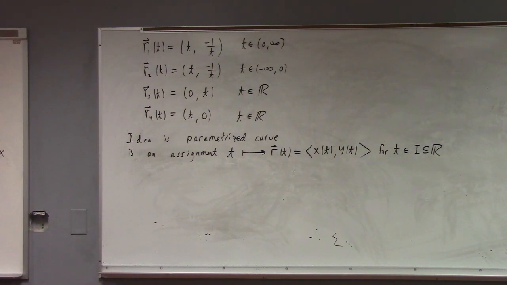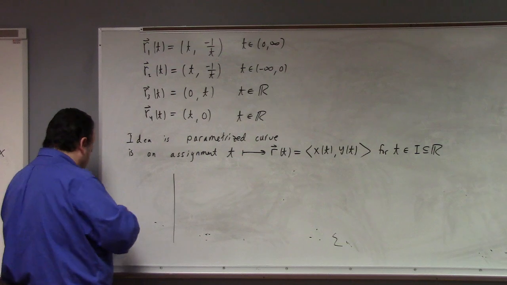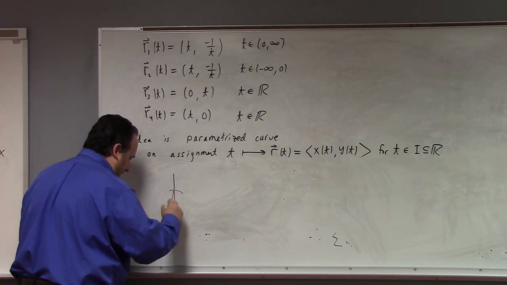But a parametrized curve is an assignment of t to a pair of functions of t over some range of values of t. The way to think about this is you're taking some subset of the real numbers. Let's picture it for a second here as I, all right?